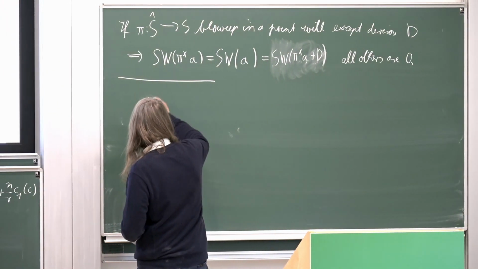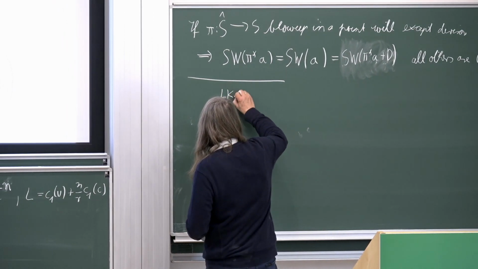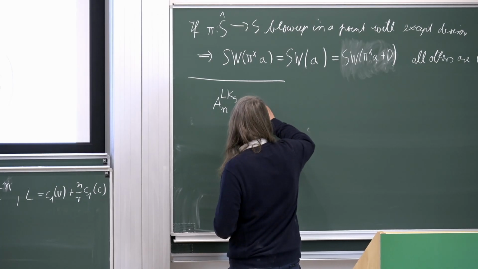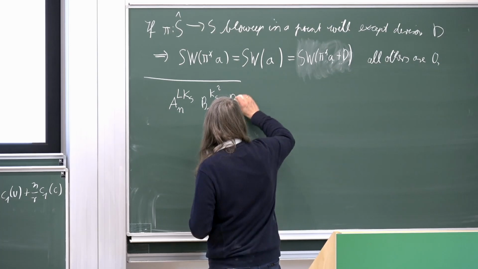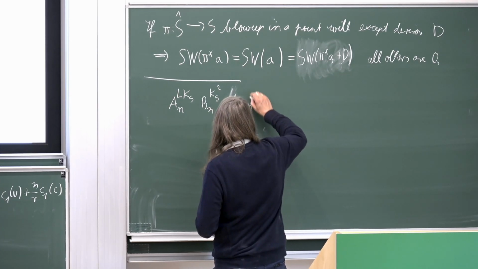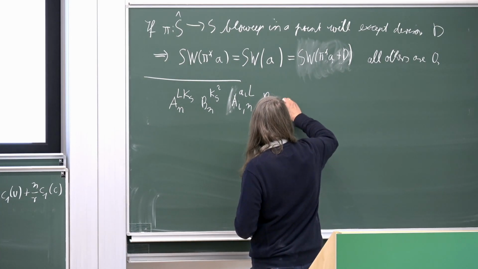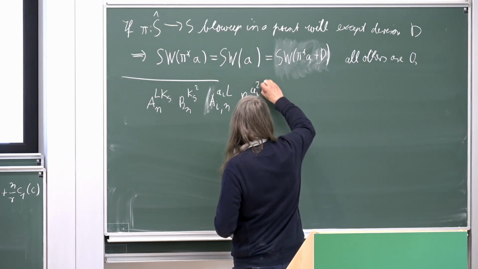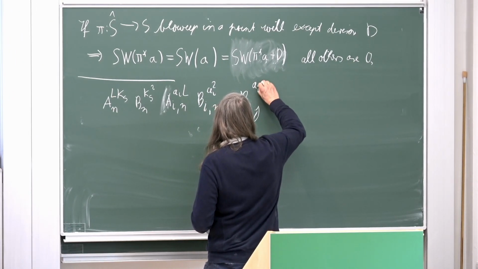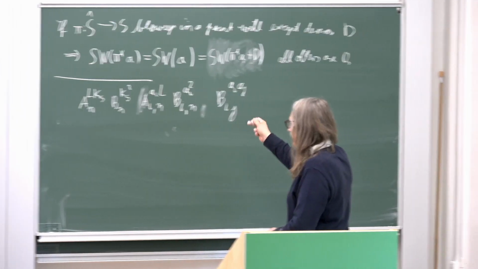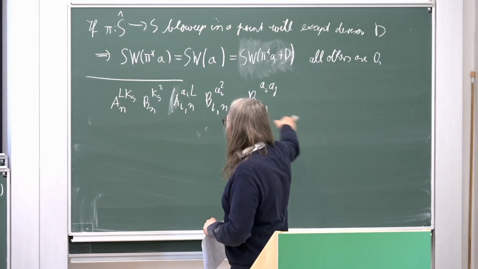So we have these power series A_N to the L.K_S, we have B_N to the K_S squared, A_I,N to the A_I.L, B_I,N to the A_I squared, and we have B_IJ,N to the A_I times A_J. So these are the unknown ones, and in order to have an actual formula, we need to know all these power series.